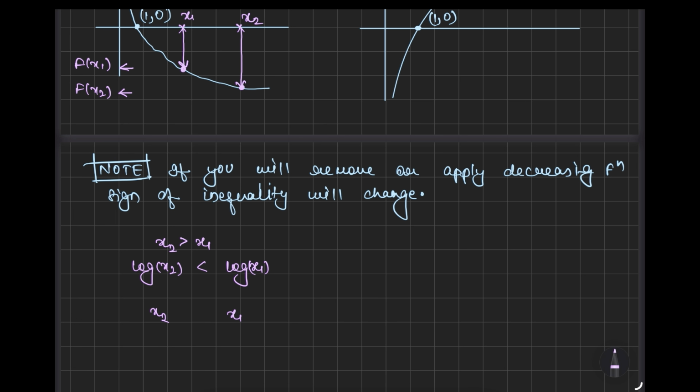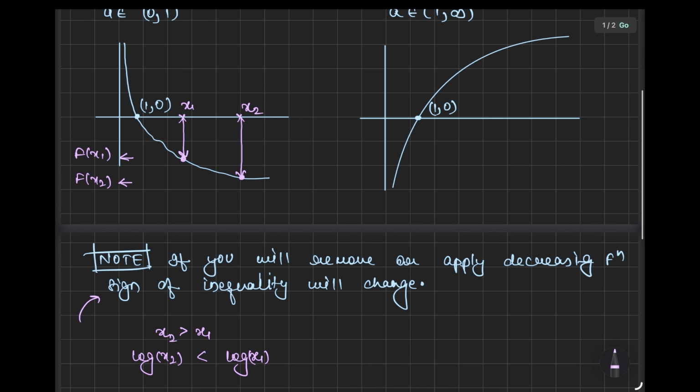Now you know that x2 is bigger. Now you got the point that if we remove or apply a decreasing function, the sign of inequality will change. But if you apply or remove an increasing function, it won't affect the sign of inequality.